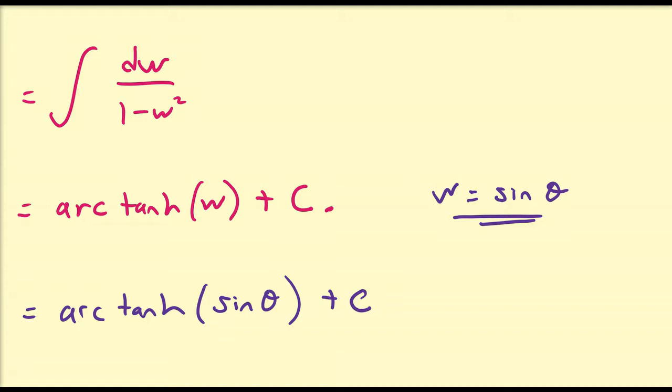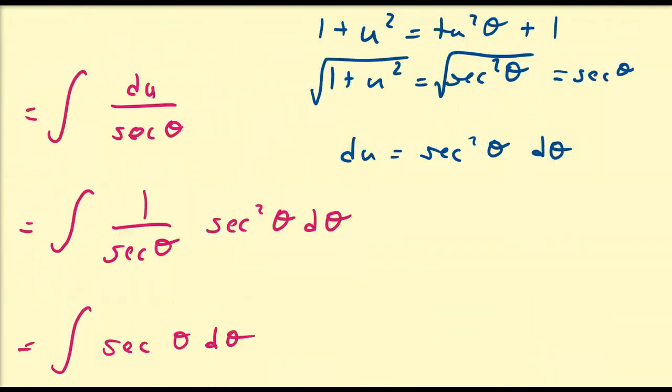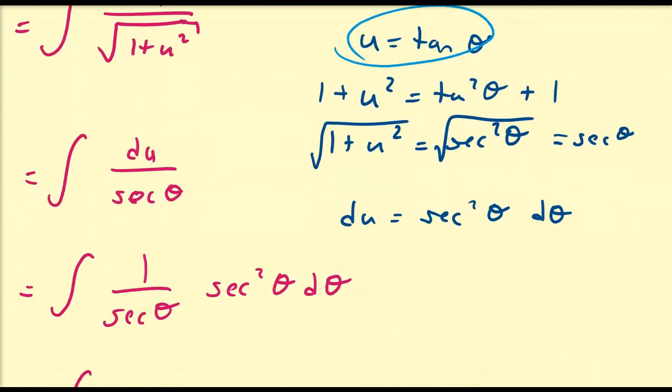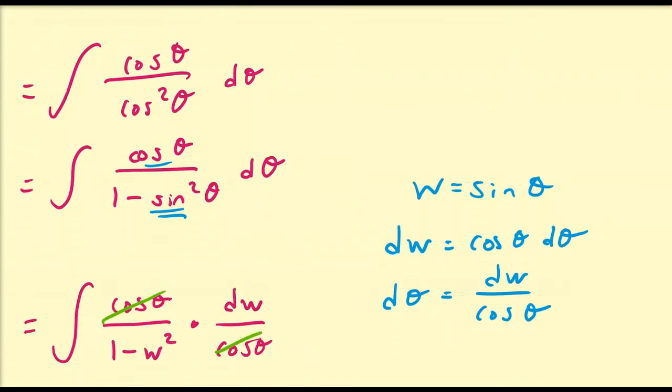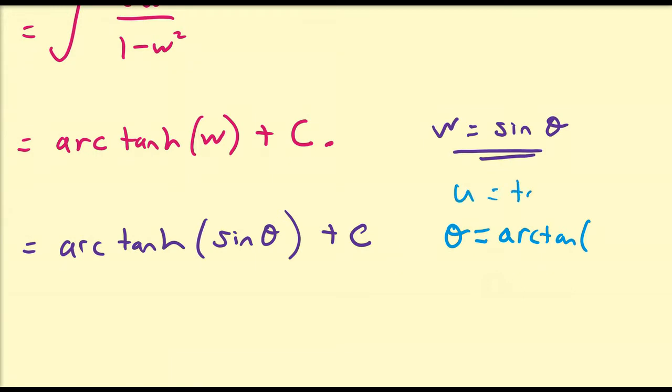And also recall that theta is equal to arc tangent of, let's see, what was theta? Let's go back here. So if u is equal to tangent theta, then theta is going to be arc tangent of u.